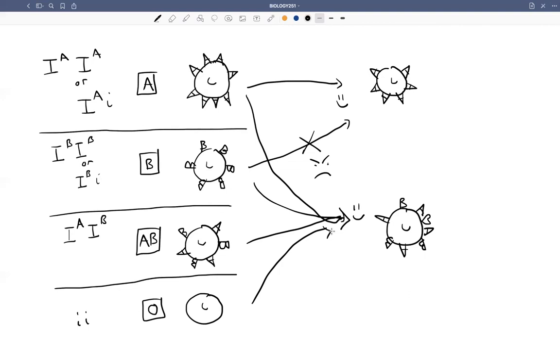One analogy I like is that if you think about sports teams, maybe. So type A has cells that are advertising their love for the A sports team. Type B loves the B sports team. Type AB, they're okay with both sports teams, A or B. And type O doesn't really express a sports team preference.